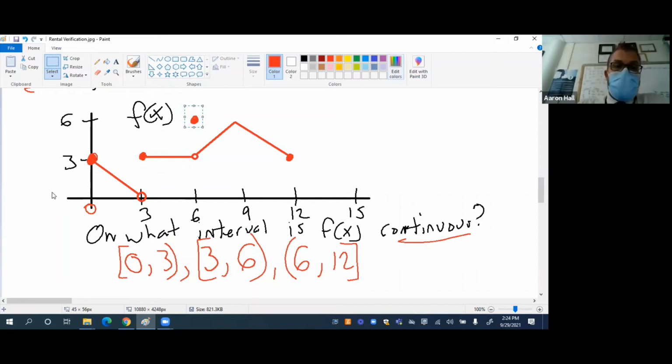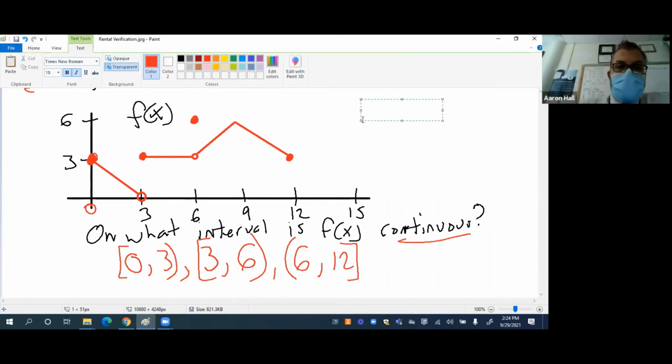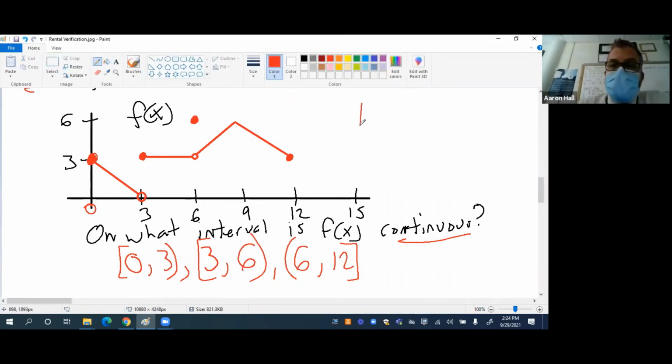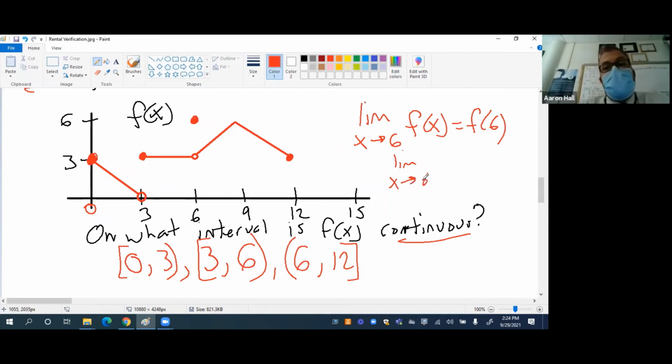A rigorous definition of continuous would be this: the limit as x approaches, in this case, 6 of our function f of x equals f of 6. Is that true? What is the limit as x approaches 6 of f of x in this case? Looking at our graph.